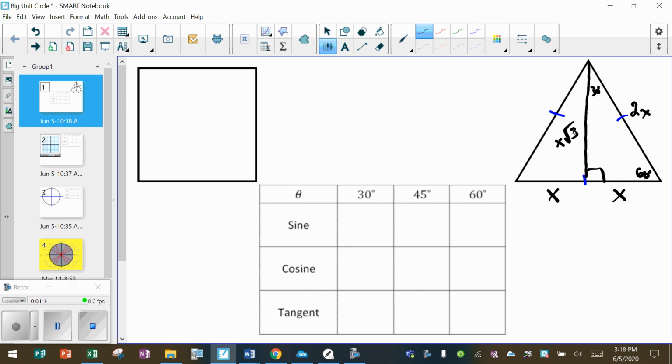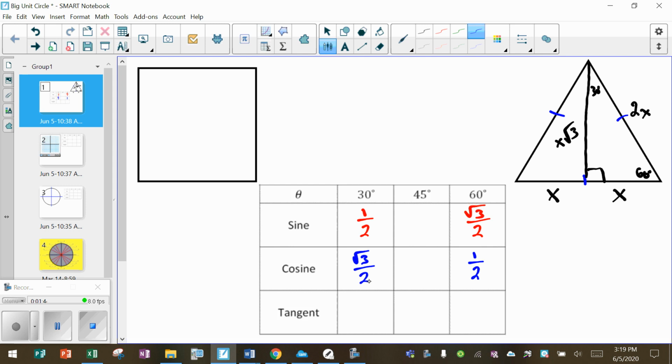And then we used sine, cosine, tangent ratios to write the ratio opposite over hypotenuse, adjacent over hypotenuse, opposite over adjacent, leading to the sine of 30 and the sine of 60 being the same values, opposite order, as cosine 60 and cosine 30.